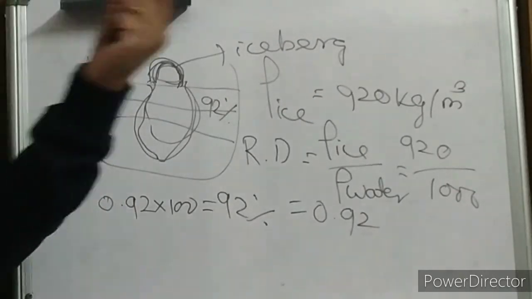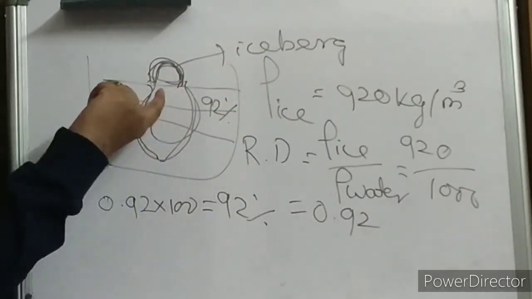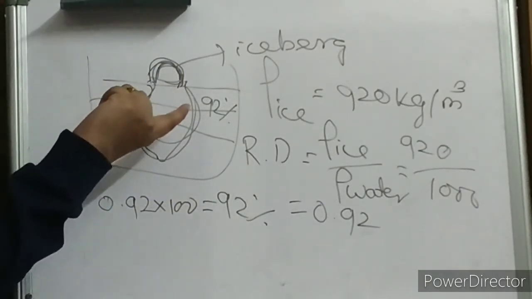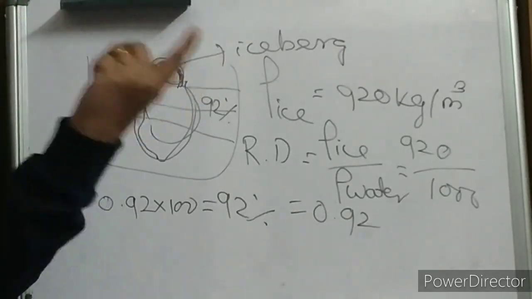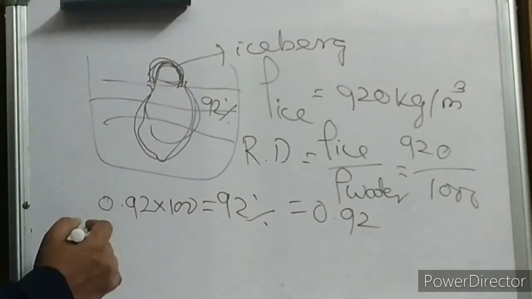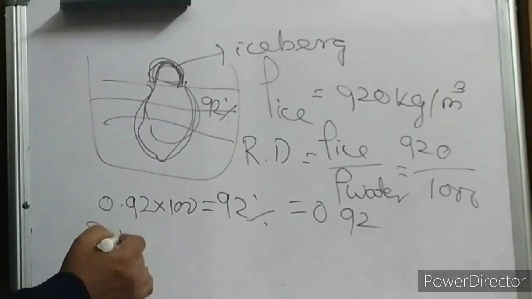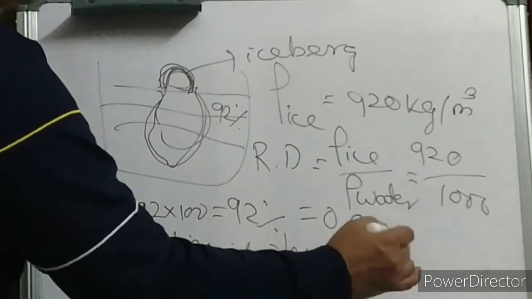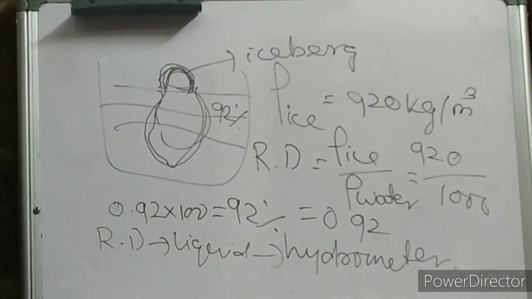And second thing, relative density gives us this idea: what is the fraction of the object submerged in water when the object is floating? Okay, children? Last, just tell me what is the instrument to measure the relative density of a liquid? Previous lecture. Hydrometer, children. Hydrometer is used to measure the relative density of a liquid. Hope I am clear with this.